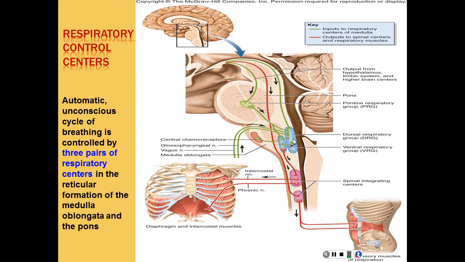Now the DRG issues output to the VRG. So you have the DRG, it's going to give input to our VRG. And this is what's going to modify the respiratory rhythm to adapt to various conditions. So if you are running a race, yes, you're going to get these signals from the DRG to the VRG for you to either inhale or exhale faster, for these muscles to relax and contract according to whatever exercise you're doing.